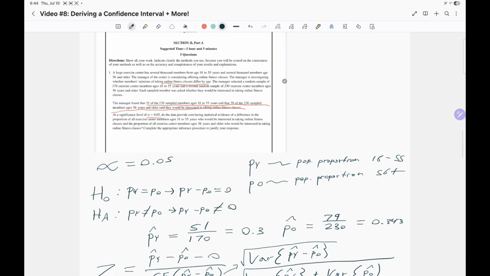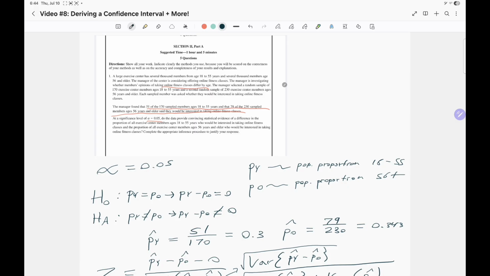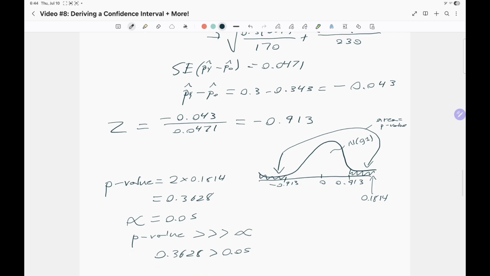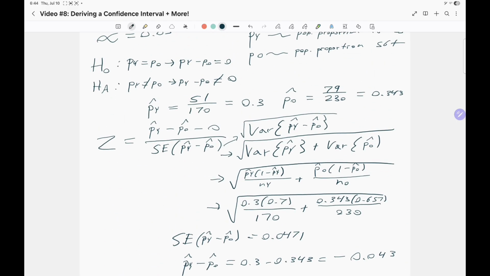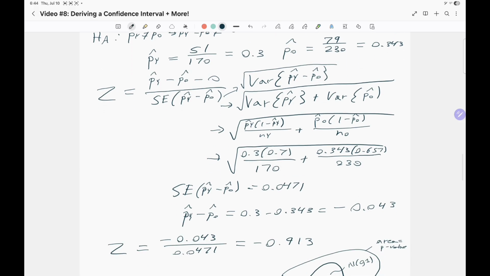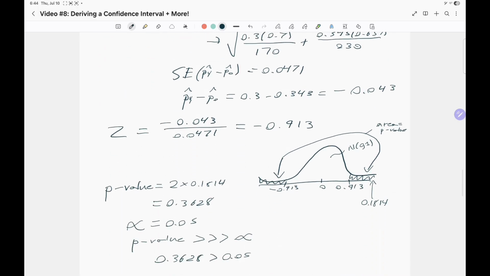I'm not going to write that out, but to restate it, there's not enough statistical evidence to state that there is a difference, because our p-value here was so large that, given our sample proportions of the two groups, we can't say that those sample proportions are different enough to support the alternative that the difference between the actual population proportions is not zero, if that made any sense.